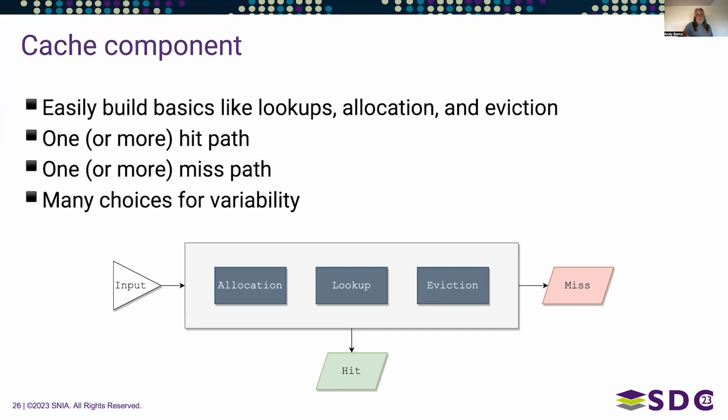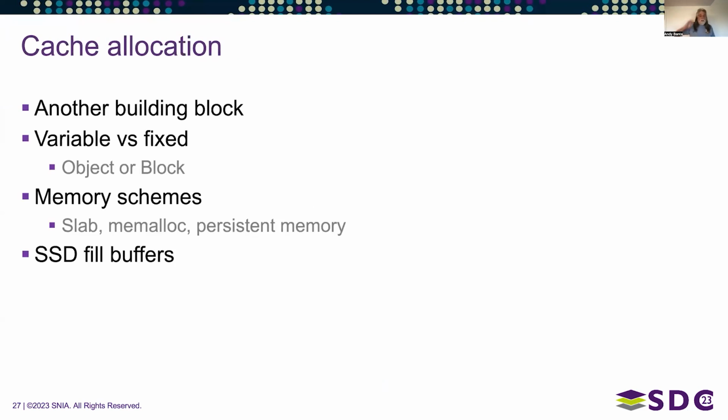There's a huge number of variables. We talk about things like cache allocators. These are just like another building block, like the media or the wire components that we had elsewhere. Things that go into cache allocation schemes are like, is it a variable or a fixed size cache? If you're caching a disk system, that would be a fixed size cache, or if you're caching web pages or objects, it would be variable size.